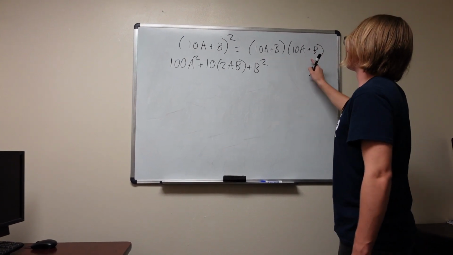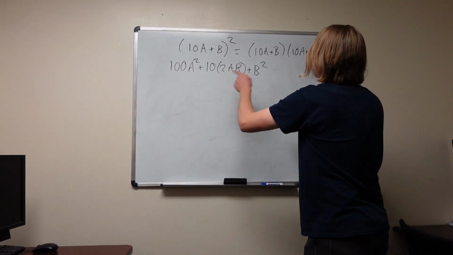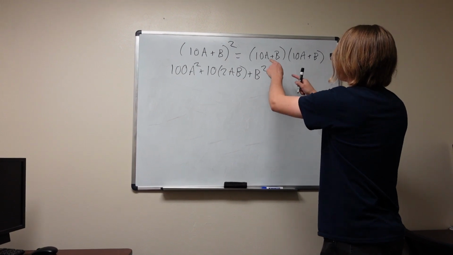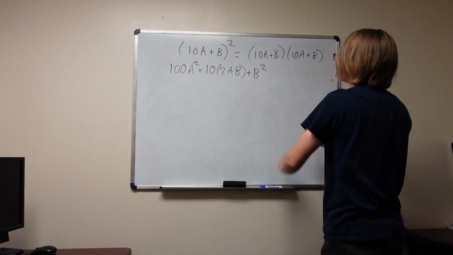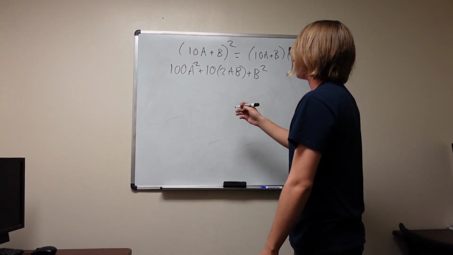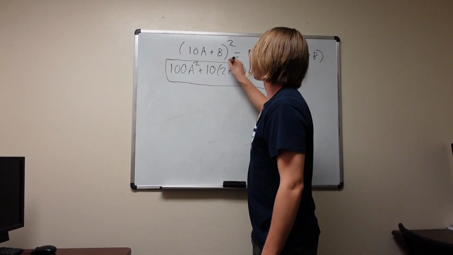If you write everything out, you get 100 a squared plus 2 times 10ab plus b squared. But this is essentially all you need for this trick.